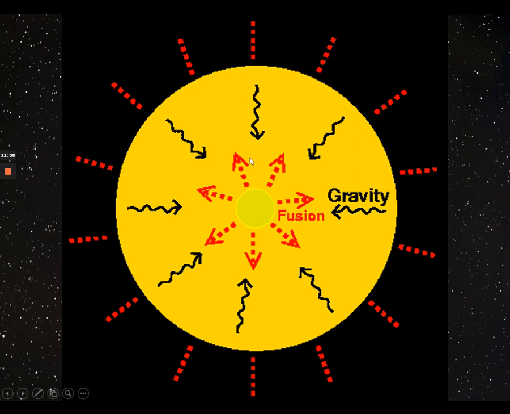So the core, the very bright yellow bit in the middle, that's the only place nuclear fusion is taking place, and that creates a force pushing out. So there's a balance there between the inward force of gravity and the outward push from the fusion, and that's the main sequence. If the force from nuclear fusion changes, then it won't be stable anymore and it won't be in its main sequence.